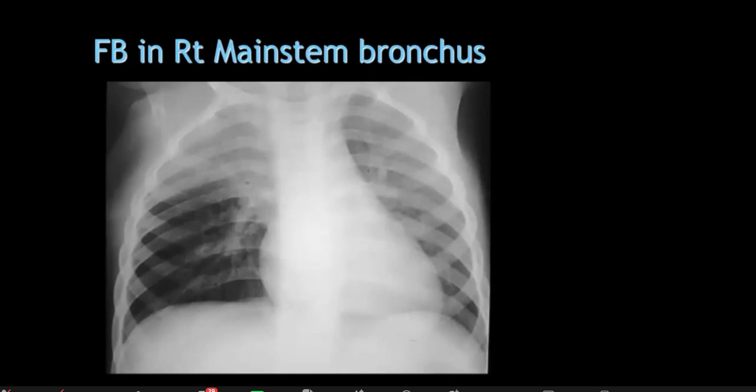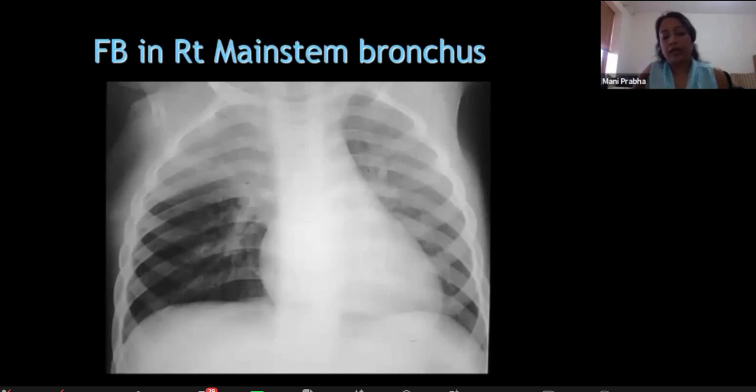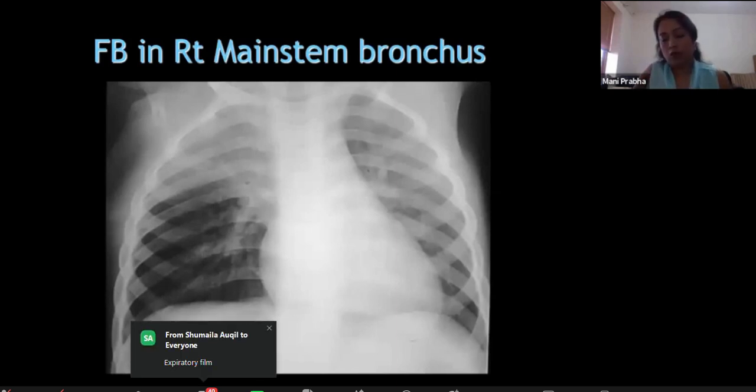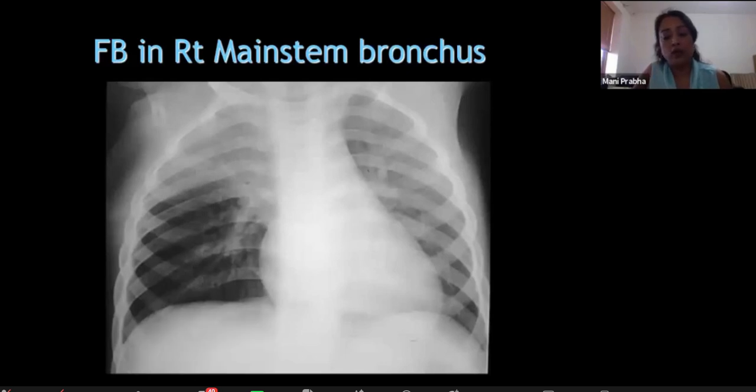CT? Okay. So when you see such a finding with that kind of history, you like to ask, obviously, the history, is there a chance of foreign body, but you may not get the foreign body history. But the suspicion should be very high, and you try to take expiratory views.